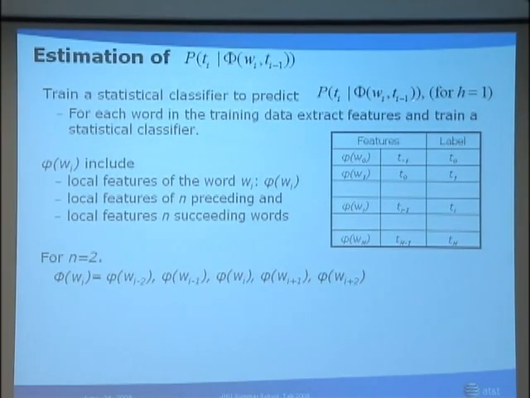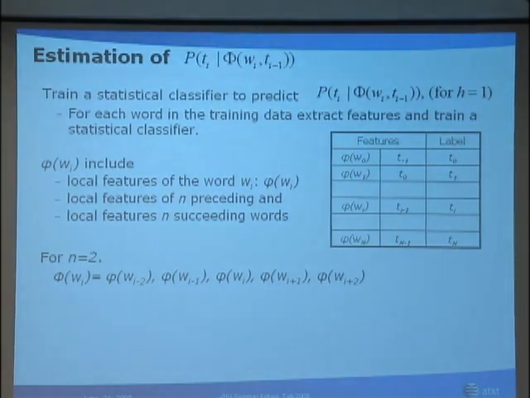You could have arbitrary history, depending on how much data you have and so on. You could have an arbitrary amount of history that you're conditioning on. And what you're trying to do is to learn this scoring function, which says that given this history, what is the score for this tag? And that will tell me how to go about tagging that word.